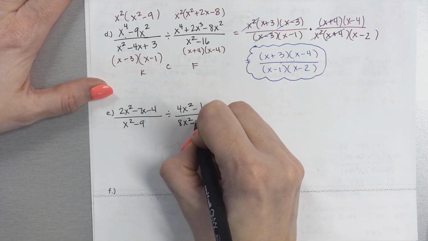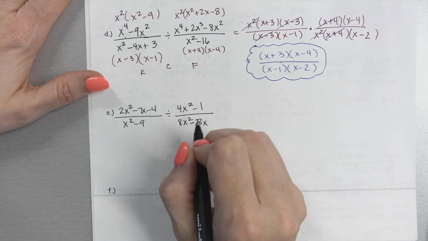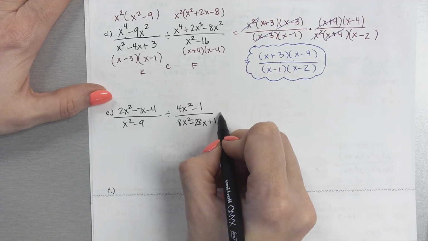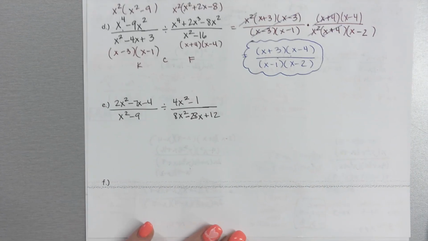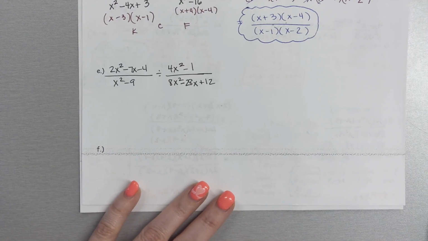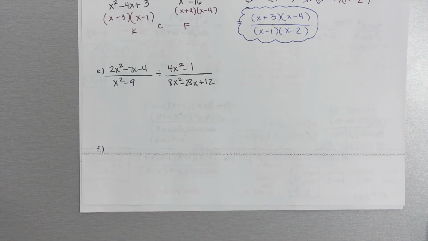Okay, and I'm going to give you a hint that if there is a GCF, take that out first. It will make this easier. Okay, so if there's a GCF, take that out first.